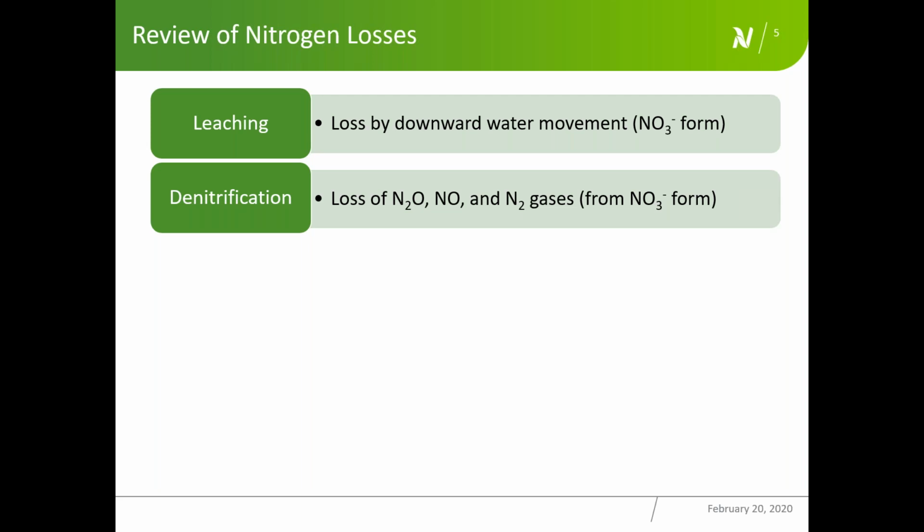Denitrification also occurs from the nitrate form, but occurs under a different set of conditions, where leaching is common in permeable, well-drained soils. Denitrification occurs when the soil becomes saturated or nearly saturated and oxygen becomes deficient, and certain organisms take that nitrate and strip the oxygen off of that nitrate form, in the process changing nitrate to one of several gases that can then escape from the soil.